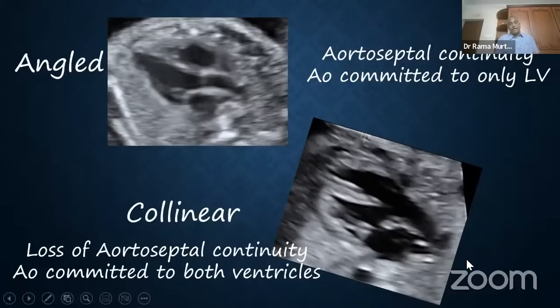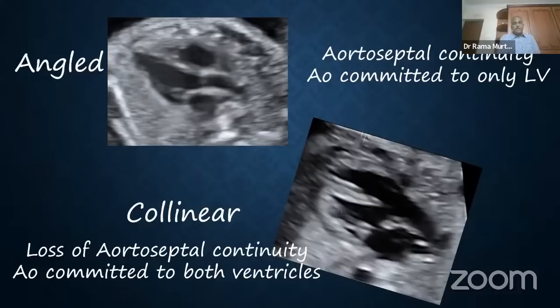Sometimes an overriding may not be as great as this. You will catch it in a particular angle, in a particular fetal position, but not in other fetuses. So it can be a challenging situation to actually look for a malaligned VSD and overriding when it is a subtle finding.